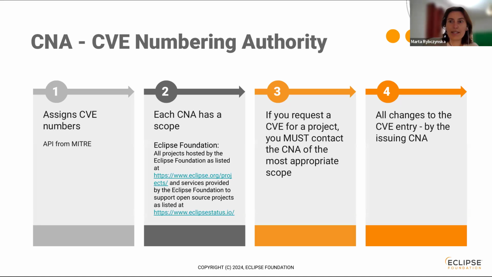A scope is a definition of what each CNA is handling. In the case of the Eclipse Foundation, we have a copy of the scope on the slide, and the scope says all projects hosted by the Eclipse Foundation as listed at eclipse.org/projects, and services provided by the Eclipse Foundation to support open source projects as listed at eclipsestatus.io. Basically, it covers all Eclipse projects and the services that the foundation is developing and providing to projects.